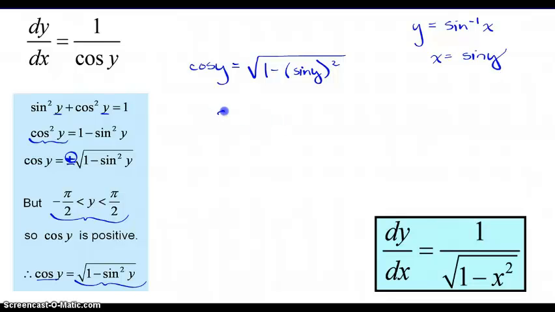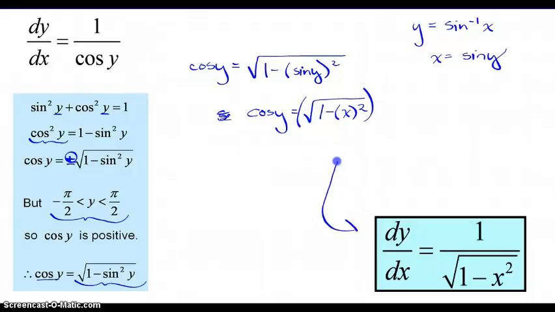That's why the cosine of y equals the square root of 1 minus x squared. I'm going to substitute this in for the cosine of y, and that's how I wind up here. The derivative of y with respect to x is 1 over the square root of 1 minus x squared.